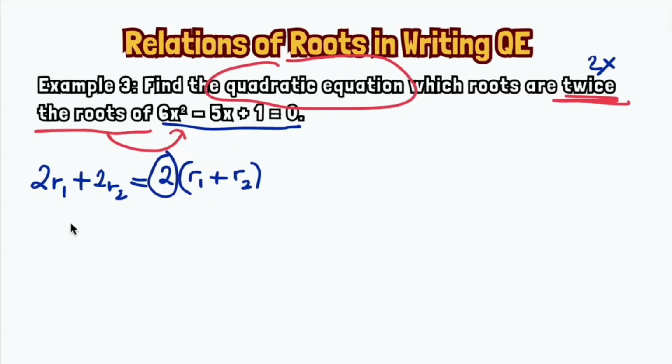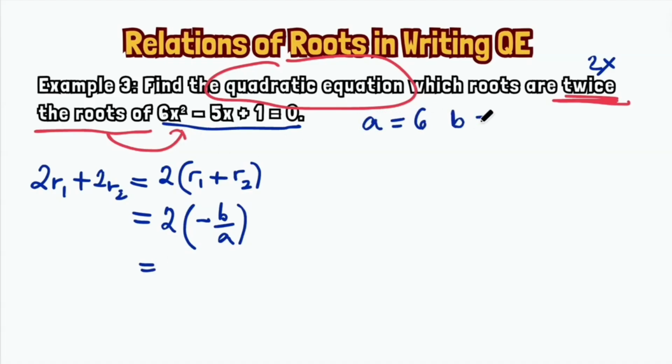Now, we have this particular format, 2 times, we all know the root 1 plus root 2. That is also equivalent to the coefficient negative b over a. So, also, we all know na yung a natin, hindi pa natin na-identify, is 6, b is negative 5, and c is positive 1.